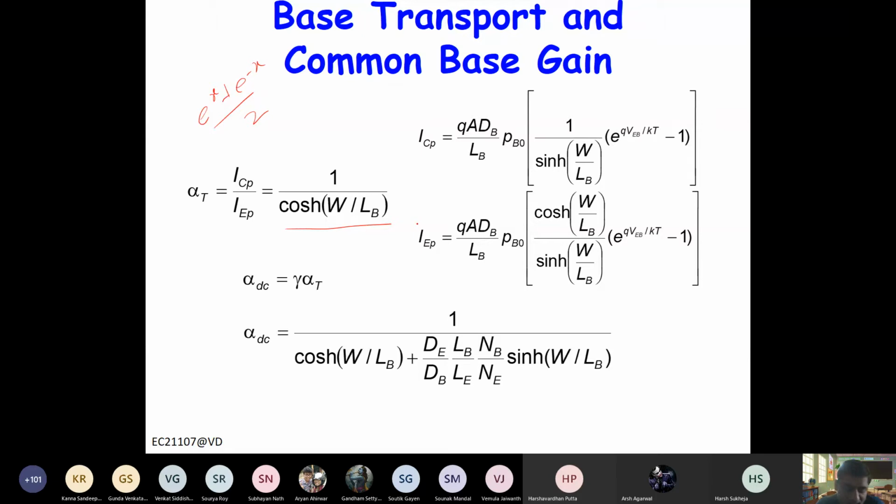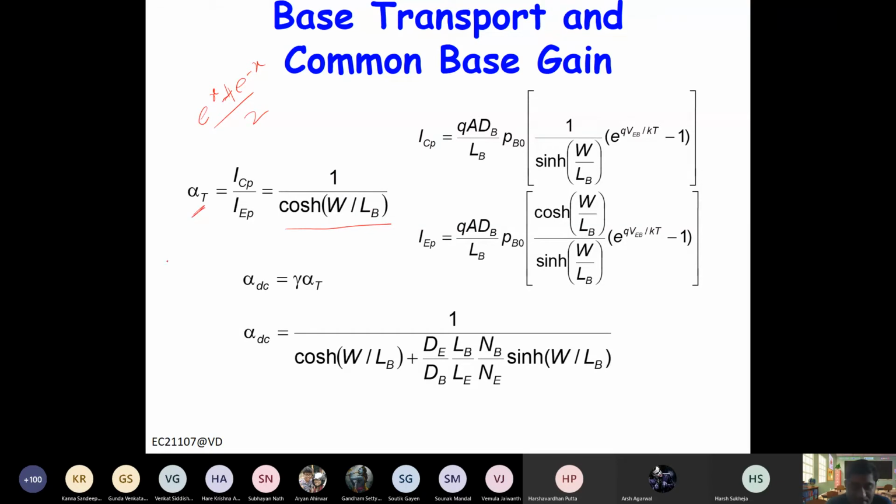So if we increase x, this cosine hyperbolic will increase. So basically on both sides it actually increases. It's a symmetric function. And at x equal to 0, this is 1, right? So the minimum value is 1. So if you recall that cosh, the minimum value is 1, right? So the maximum value of alpha T is 1.